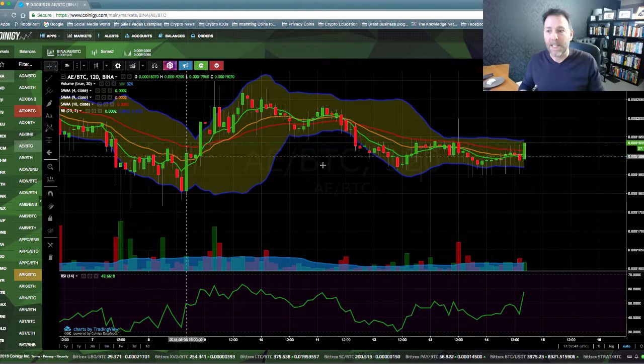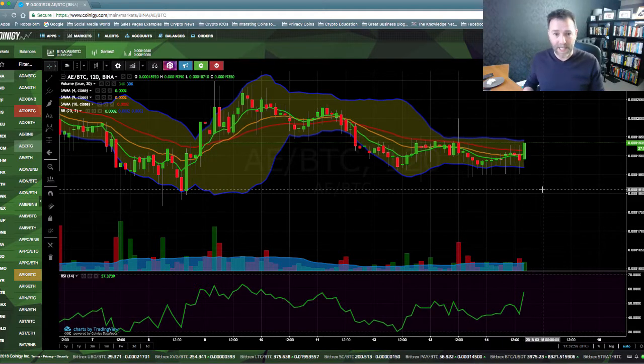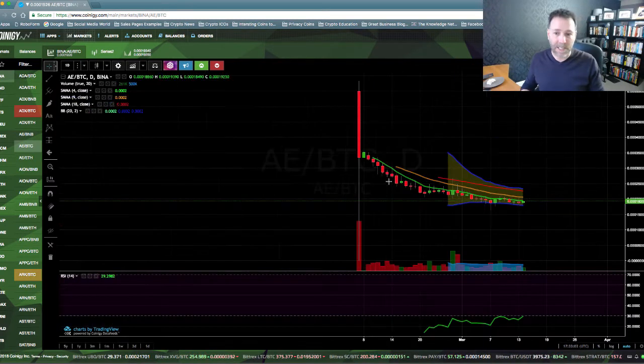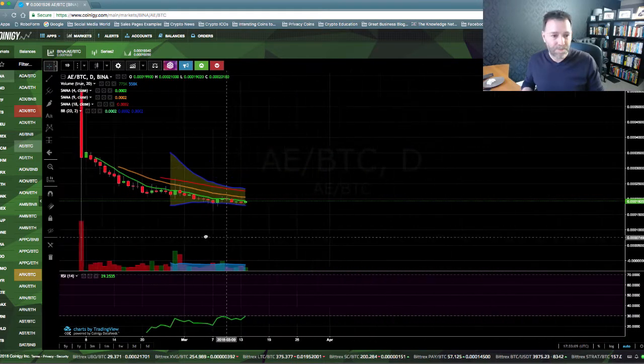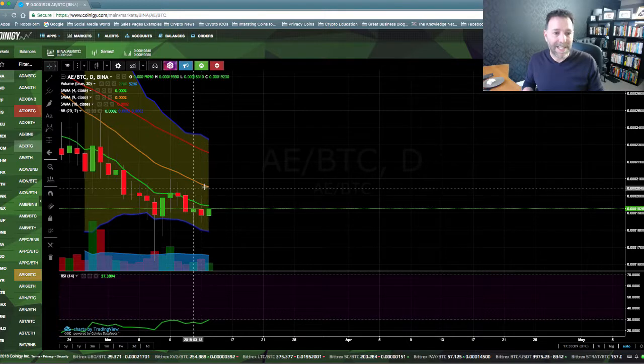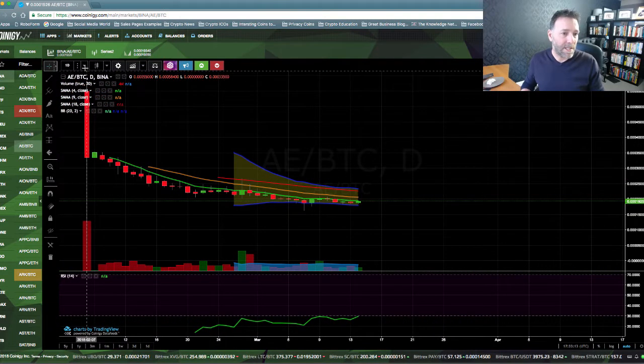So you can see with AE, we've got an opportunity here, but there's a big green candle there on the 2 hour and the 1 hour. We'll see what it's like on the day chart. It doesn't really give us much there. So it's not good on the day chart, but they've just been out. They're not out that long at all, to be honest.